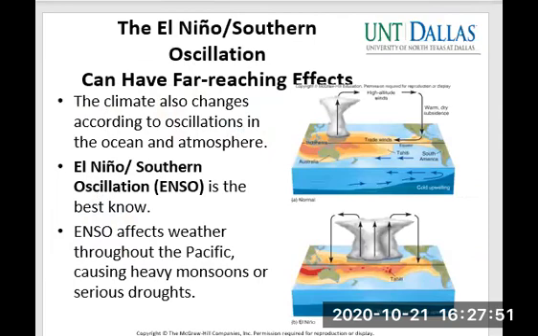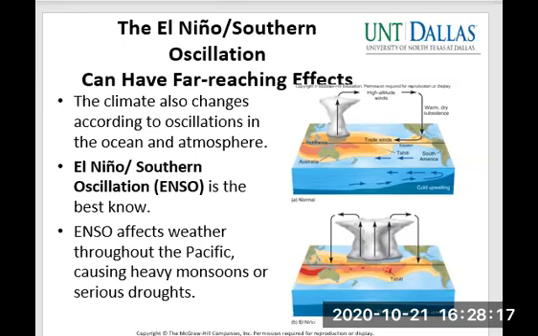Talking about oscillations, there are coupled ocean-atmospheric oscillations in all the world's oceans, but the El Nino Southern Oscillation, or ENSO, is probably the best known.